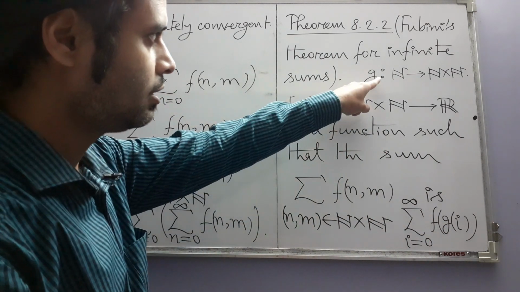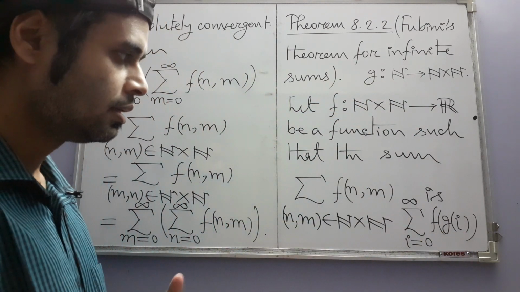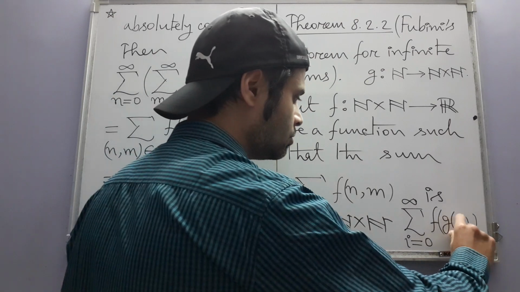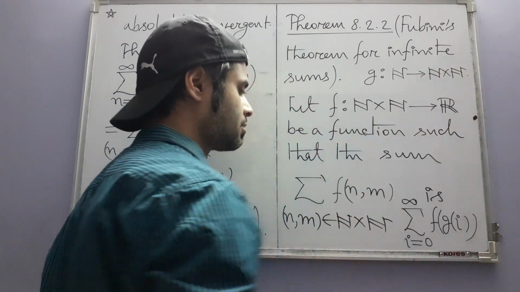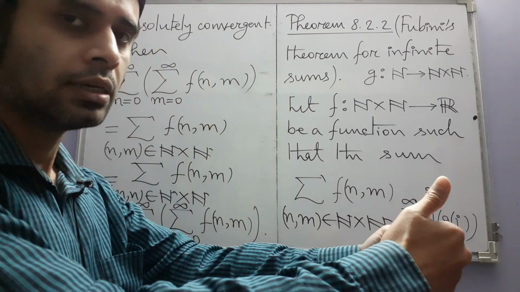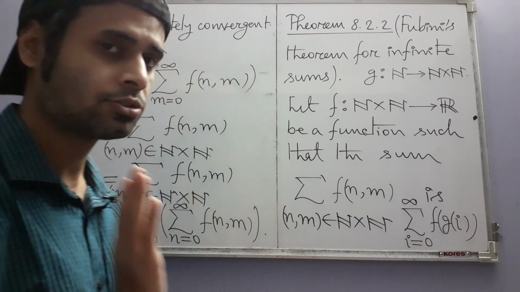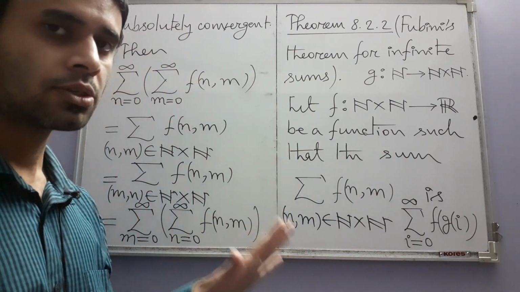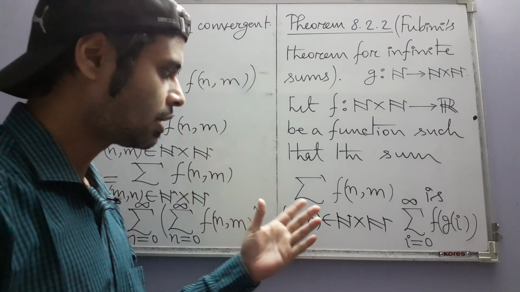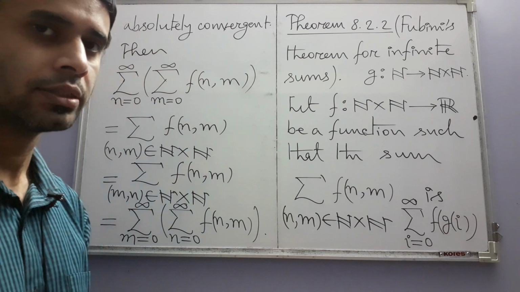There is at least one such bijection for which this series is absolutely convergent. You can understand that these g of i's are nothing but the elements of N cross N arranged in some sequence. So these are ordered pairs. So one such series is absolutely convergent. That's what it means for this sum to be absolutely convergent.